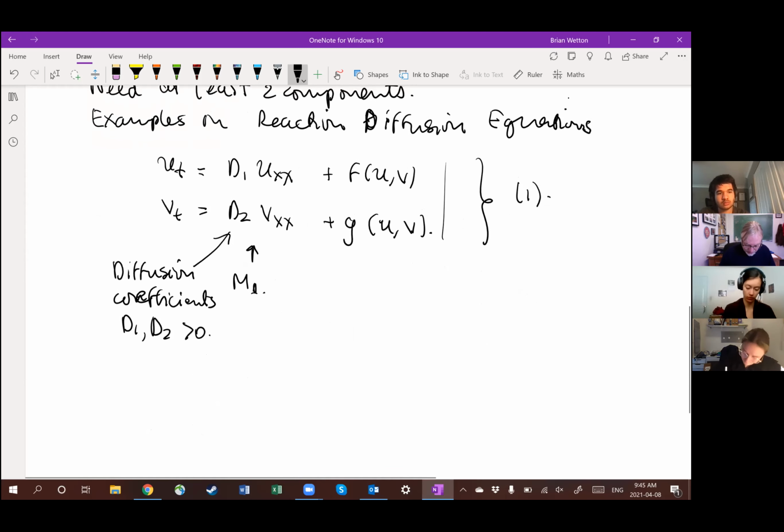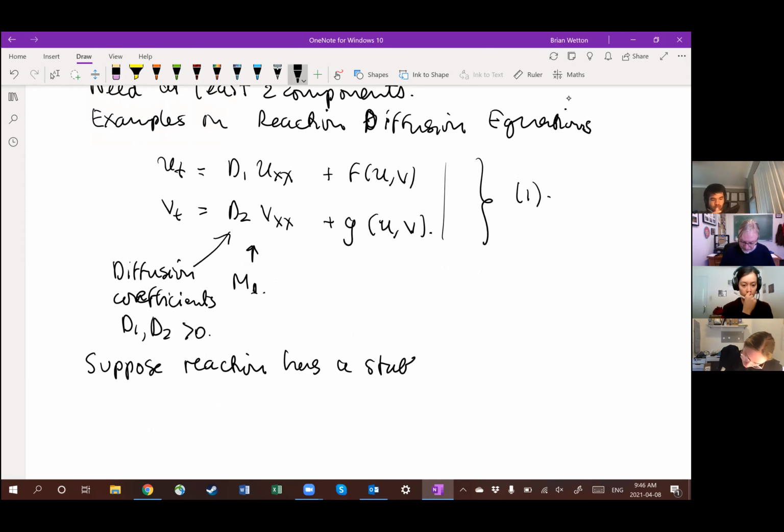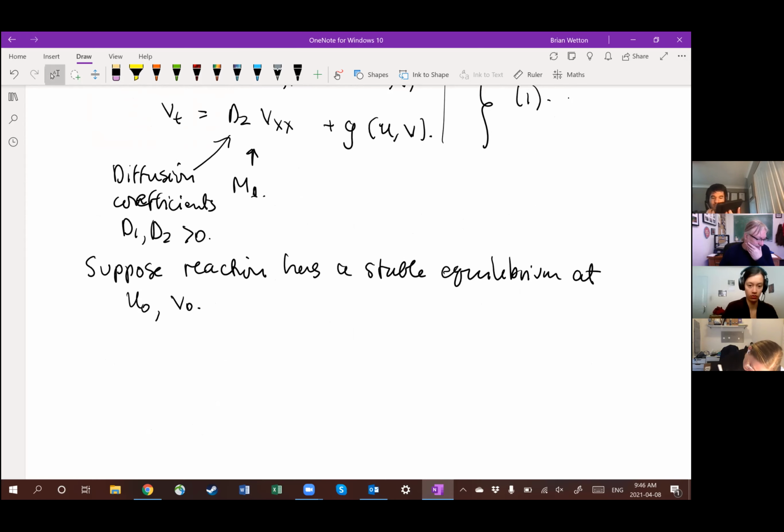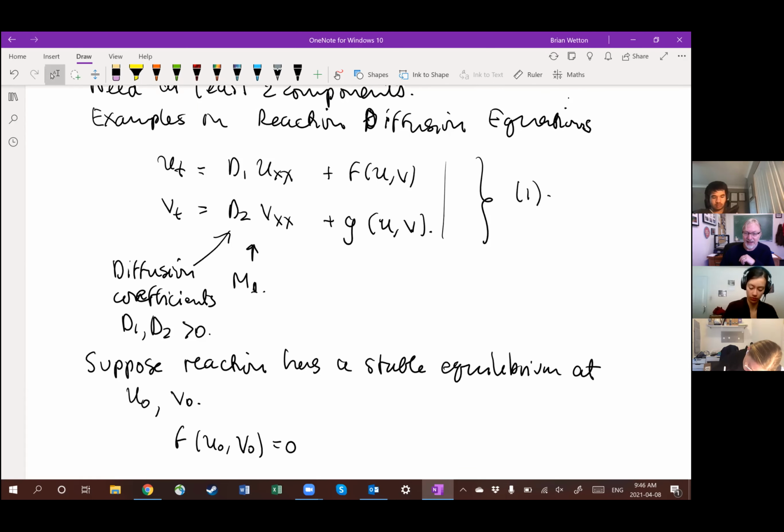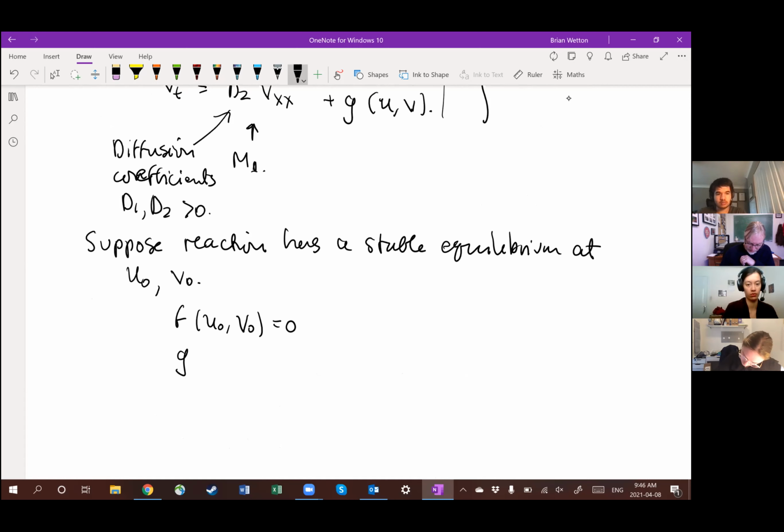So now I'm going to suppose that the reaction has a stable equilibrium at concentrations U0 and V0. So here comes the M2 part. It's an equilibrium, so now I know that when I look at the right-hand sides at those concentrations, I get 0, and I get 0 for the other one too.